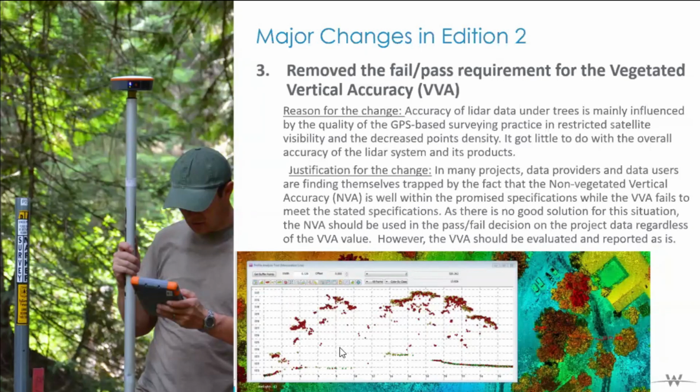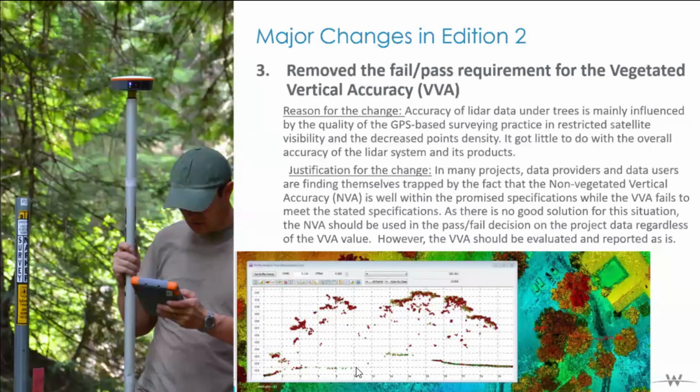And the other reason, if you look at the profile in the middle of the screen, the LiDAR penetration under trees is not the full density in the bare earth, because LiDAR doesn't penetrate trees. It takes advantage of the voids and gaps in the foliage. If there are good gaps, it goes to the ground.